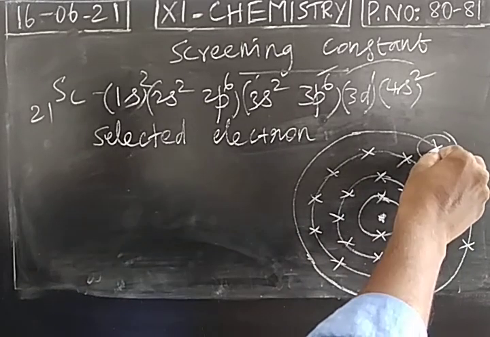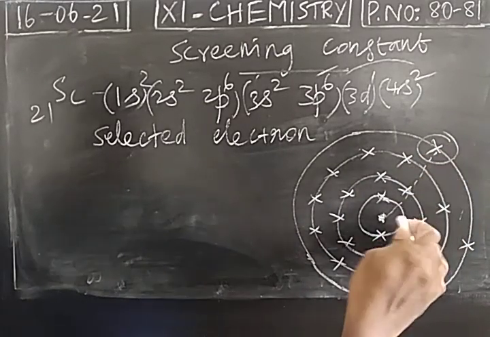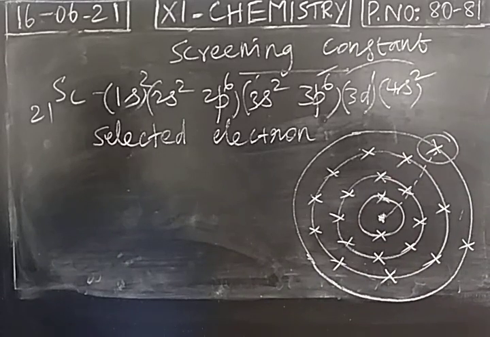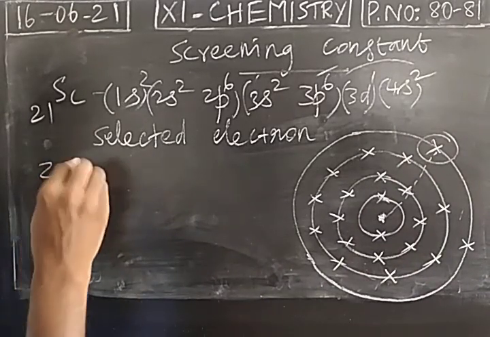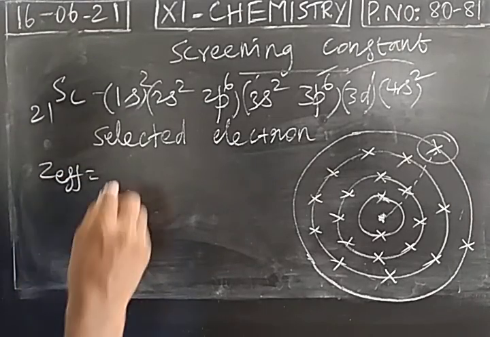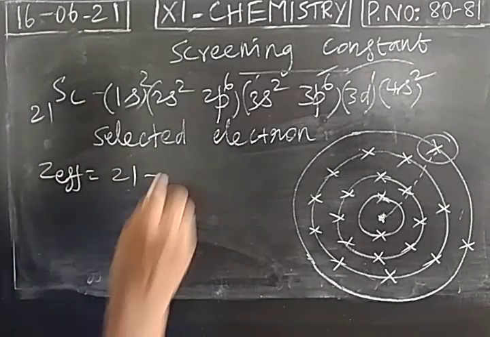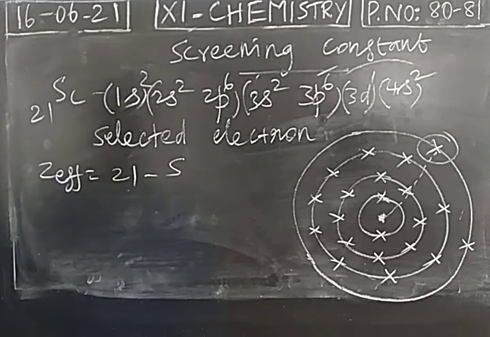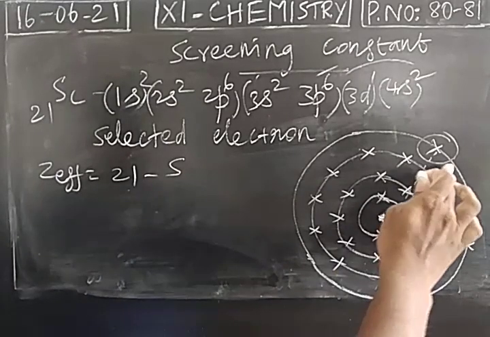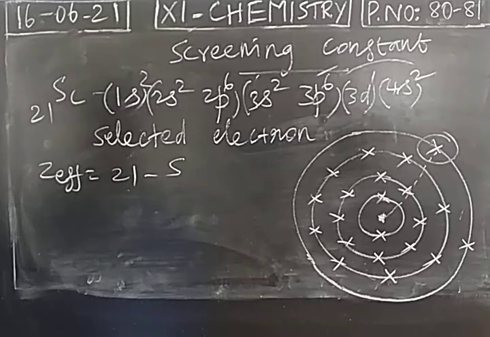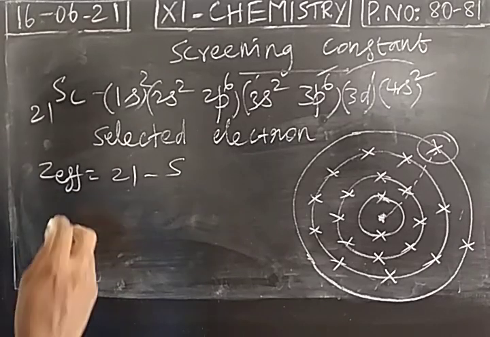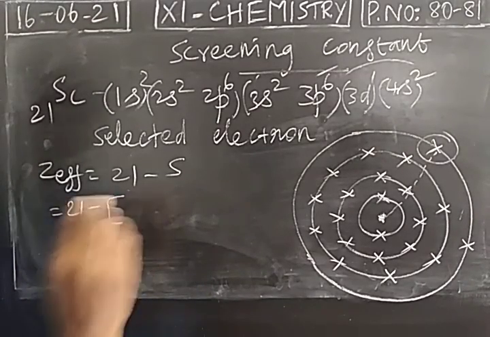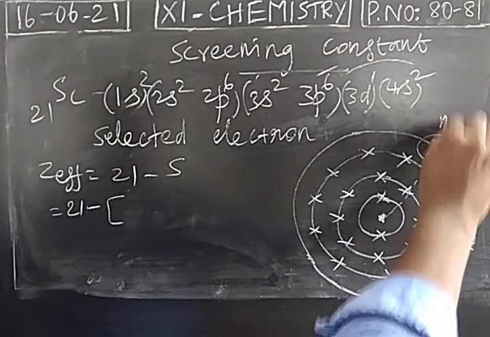So there is an attraction between the nucleus and this electron in 4s orbital. Effective nuclear charge is equal to atomic number 21 minus screening constant. So I have to find the screening constant for this electron. 21 minus, this is called nth cell.